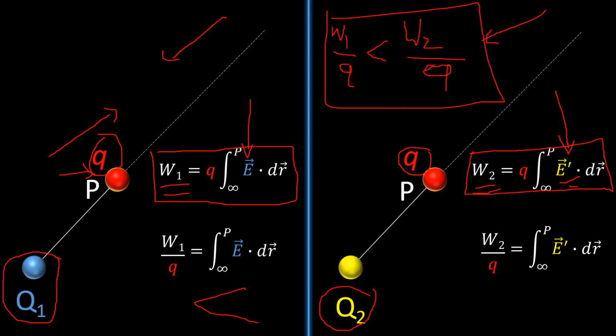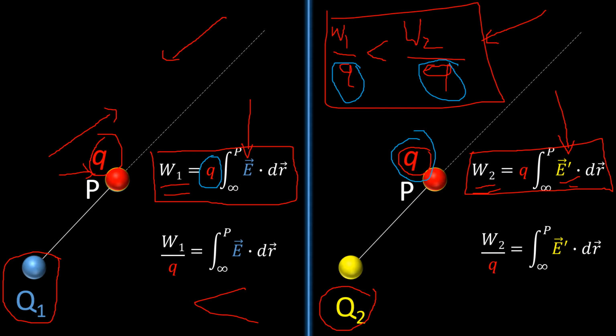But understand that this W by Q quantity is independent of which charge you are bringing. It may be a 1 coulomb charge, it may be a 10 coulomb charge, which is brought from infinity, it makes no difference, because ultimately you are dividing the work done by the charge being brought. So W by Q is independent of the charge which is brought, but it depends on the charge which is providing the field, which has its influence in its surrounding, the source charge we may call it.